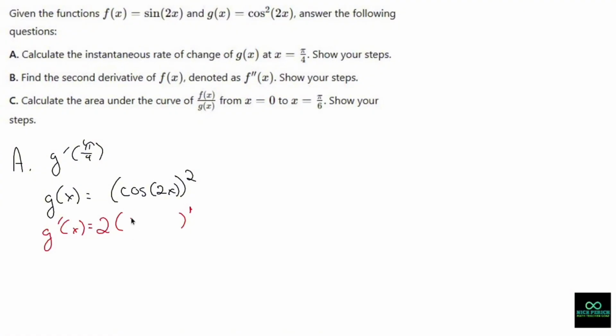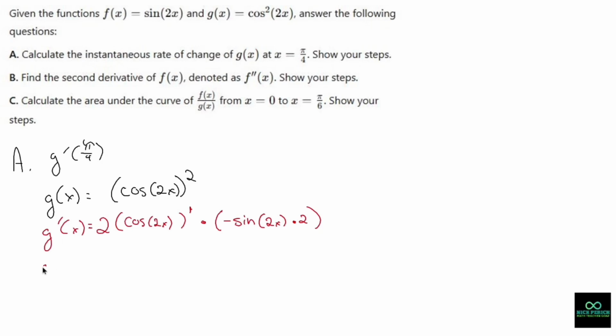Keep the inside stuff, which is cos 2x, and then multiply everything by the derivative of the inside stuff, which, fun fact, is going to be chain rule yet again. So the derivative of the inside stuff is going to be negative sine, because we're taking the derivative of cosine. Keep 2x, but then multiply everything by the derivative of 2x, which is 2.